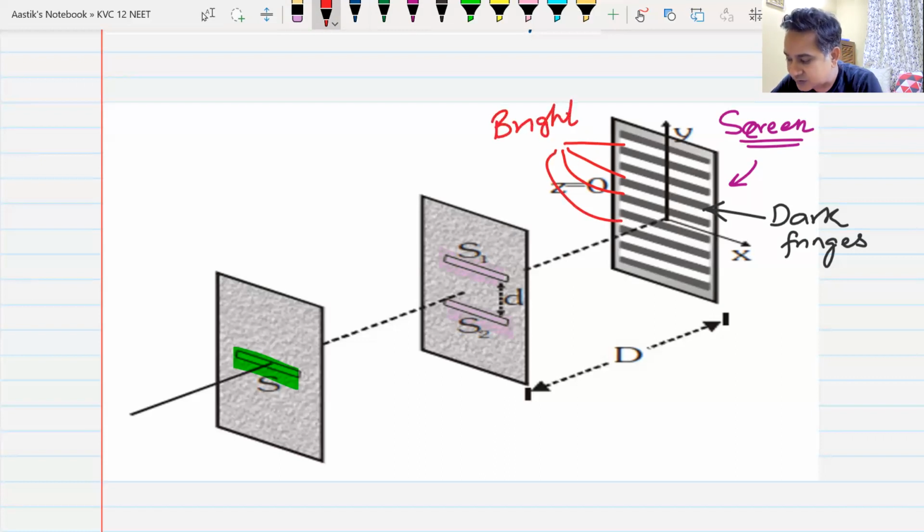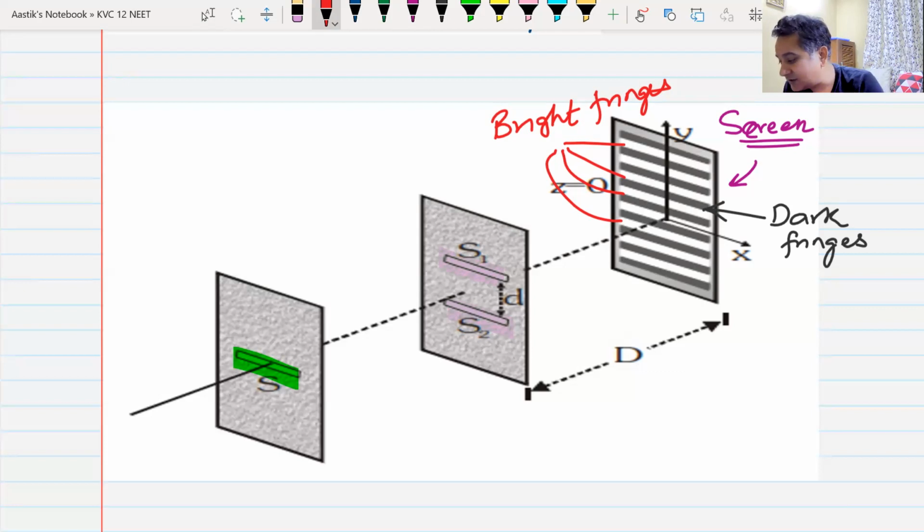Do we understand this, or has this gone above our head? So these two daughter waves will interfere on the screen, and you have an interference pattern formed on the screen. In fact, you will have alternate dark fringes and alternate bright fringes on the screen.